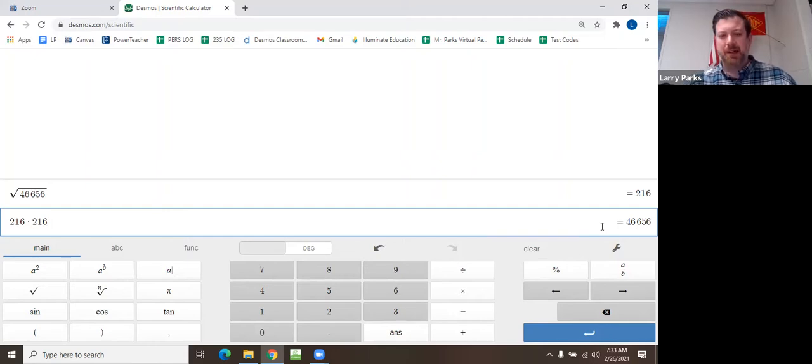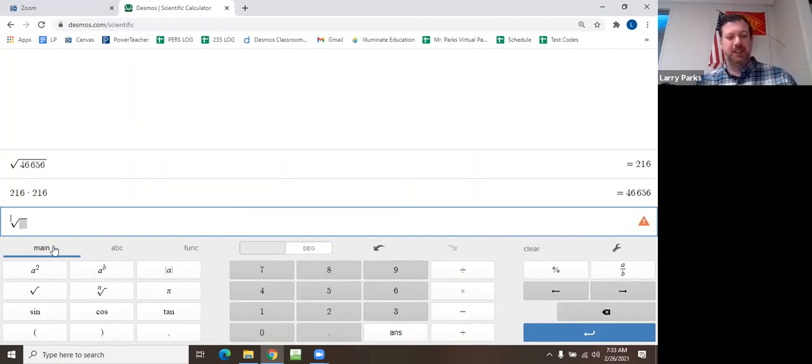The next problem, I'm supposed to take the fifth root. Now you may see down here this nth root one. So you're going to hit that. You're going to type 5 as the index. Remember, if there is no index, it is automatically assumed and calculated to be a 2.